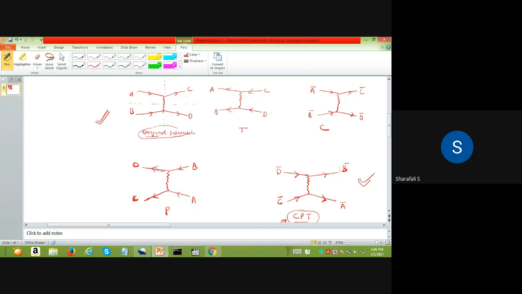And after CPT, if you get it like this, then this interaction is also possible, which means that this D bar and C bar interact with each other and form B bar and A bar. That interaction is also possible, which means that this CPT theory or CPT symmetry holds for all the interactions whatever we observe. Okay, no interaction violates CPT theory.